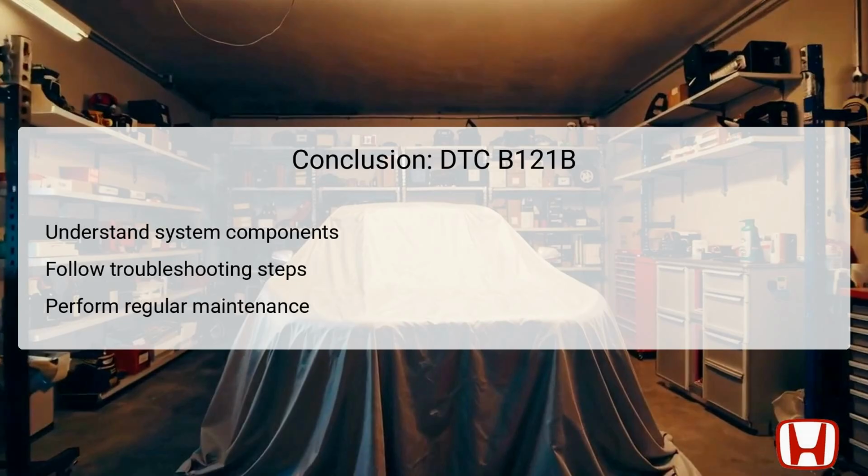In summary, DTC B121B is a critical fault indicating a short in the mode control motor circuit, essential for the smooth operation of the Honda Accord's HVAC system. The strategy for troubleshooting this issue involves understanding the interaction between various components, including the mode control motor, climate control unit, and related circuits.